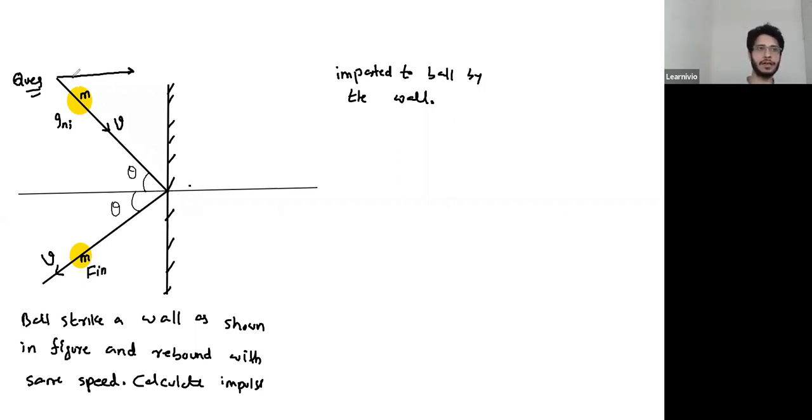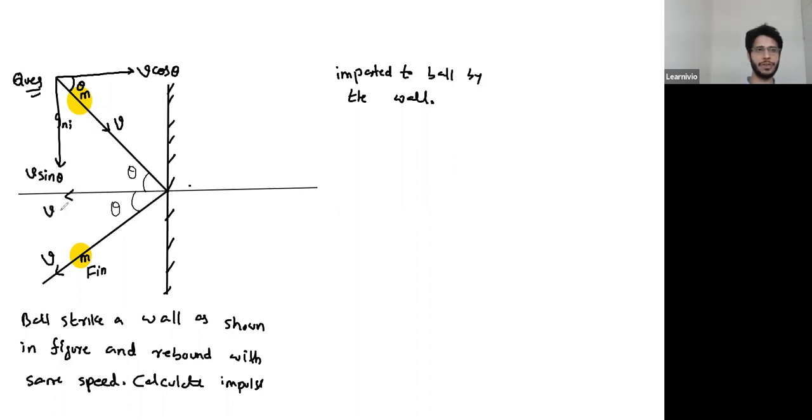Just resolve your initial and final velocity. If this is theta, then this is theta again. This velocity will have components. Along x-axis, it's v cos theta. Along y-axis, it's v sin theta. You can even resolve your final velocity.